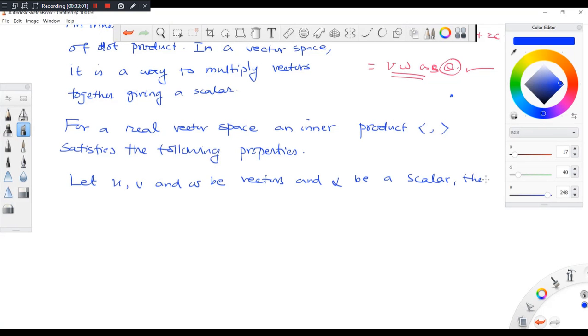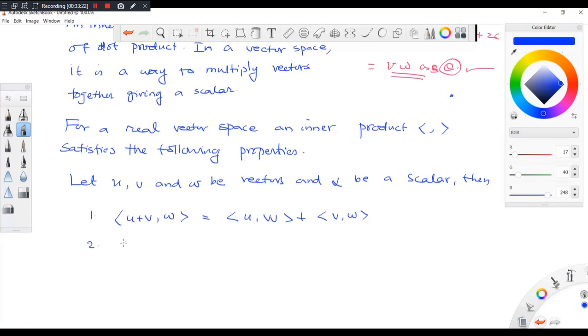Then the first property: the inner product of u plus v with w is equal to the inner product of u and w plus the inner product of v and w, a kind of distribution.